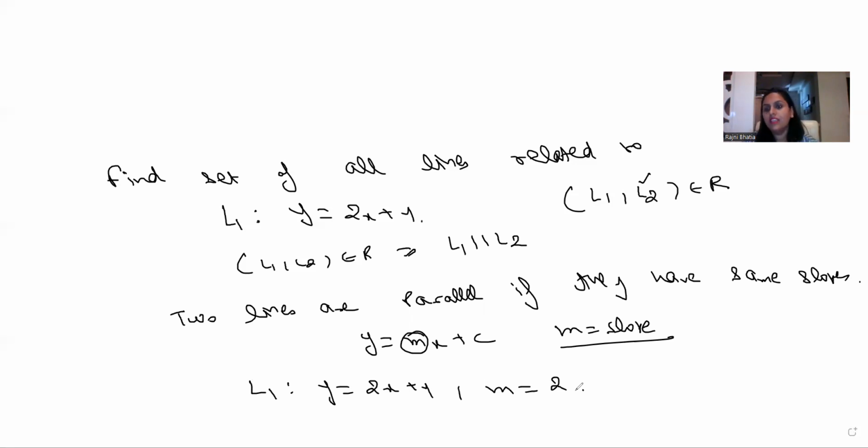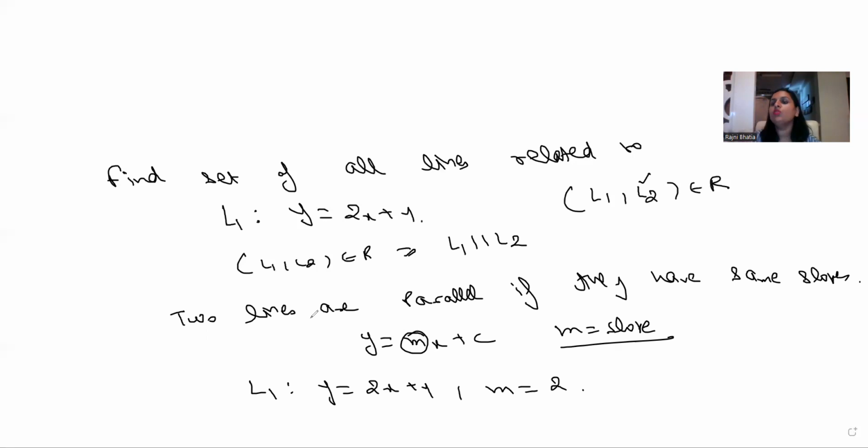So that is your answer. First of all, we'll write let (L1, L2) belongs to R. This implies L1 is parallel to L2. Now, if we talk about the mathematical term, two lines are parallel only if their slopes are equal. How do we find out the slope? We have to write the equation in the form of y equals mx plus c, so the coefficient of x is m.